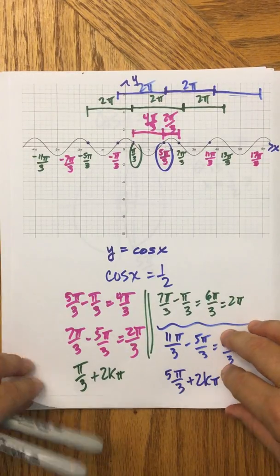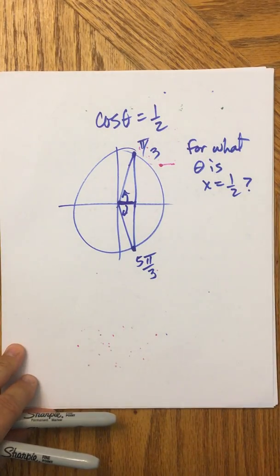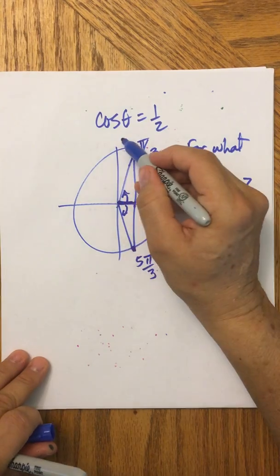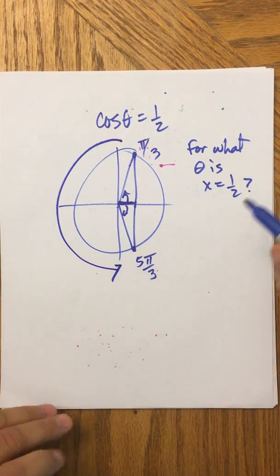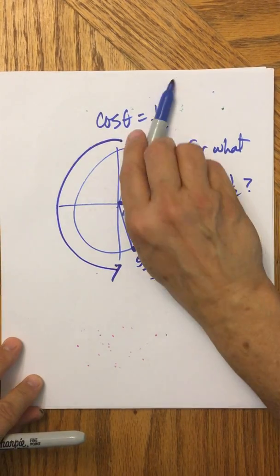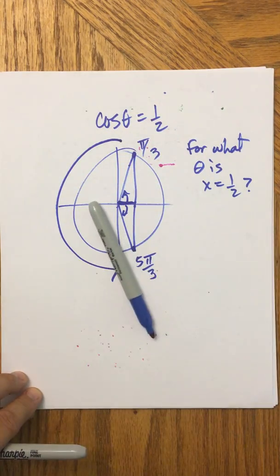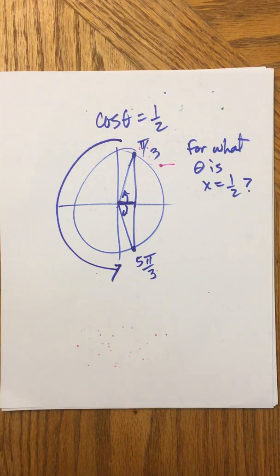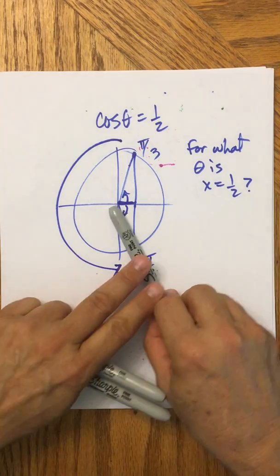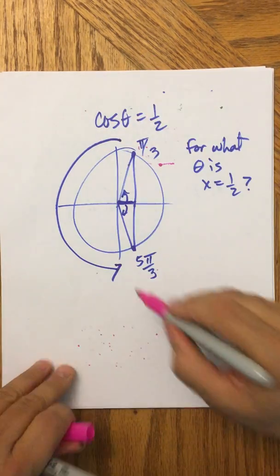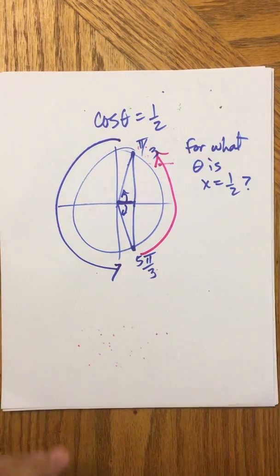And you see it on the unit circle, because if you look at the distance between this and this, I can see that if I start at this solution and I rotate, that's a lot bigger rotation than if I start at this solution and I rotate to this. So this is a much smaller rotation.